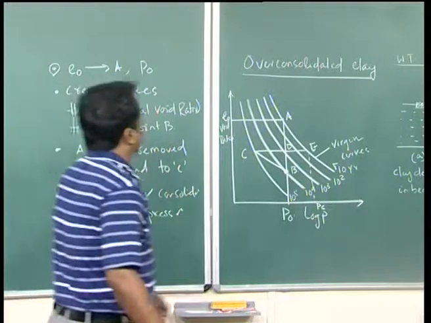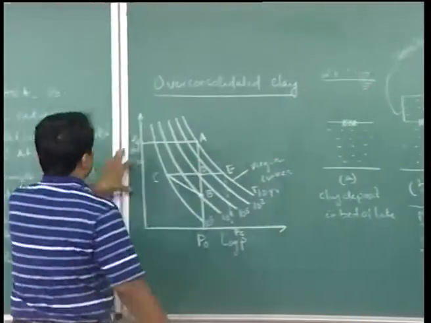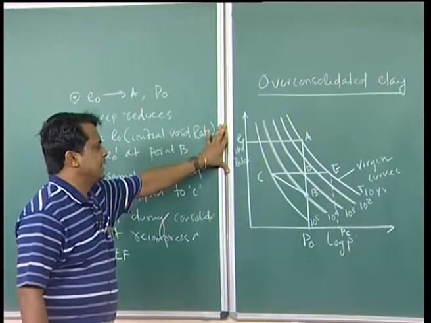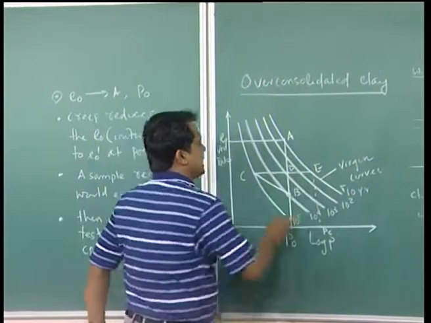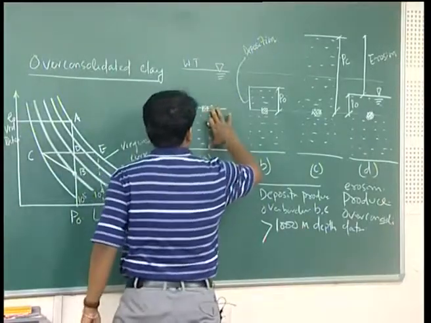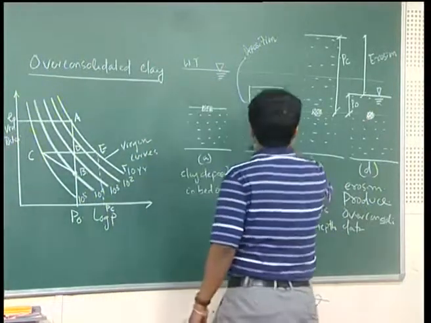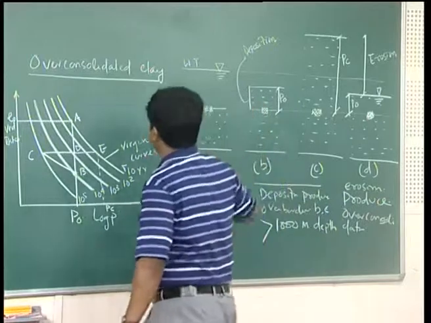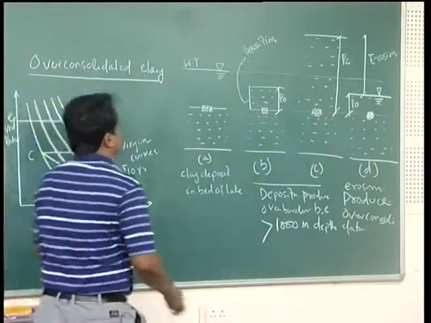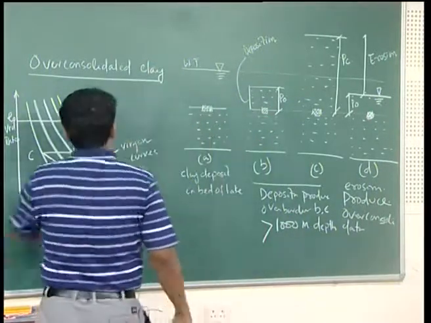Now, if I compare with this figure in terms of void ratio E versus log P, what will happen? Suppose this is my initial state, suppose this is a clay deposit in the bed of lake. Initially, after a certain time there is deposition. Let us say this deposition is up to 10 years, then once there is a deposition, because of overburden the clay deposit undergoes consolidation.